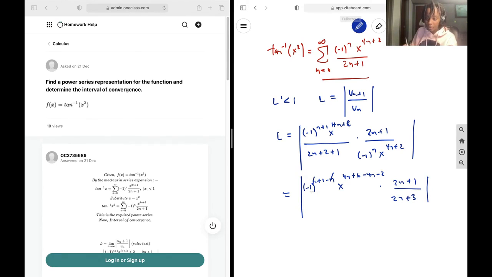This just becomes negative 1, and this becomes 6 minus 2, so x to the power of 4, and the magnitude of negative x to the power of 4 is just the magnitude of x to the power of 4. So L is equal to the limit as n approaches infinity of this.